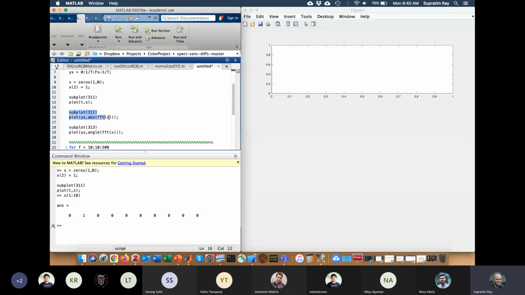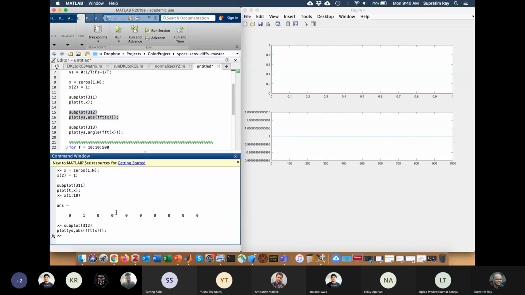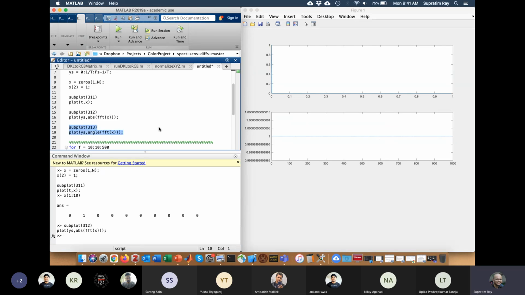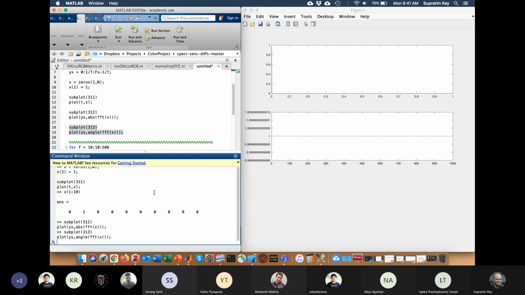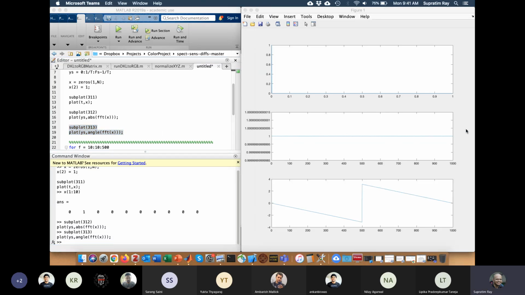If you now look at the amplitude of this signal, it is again still 1 like before. But now if I plot its phase, it's going to look like this. For a real signal, amplitude is symmetric about the sampling frequency and the phase is antisymmetric.